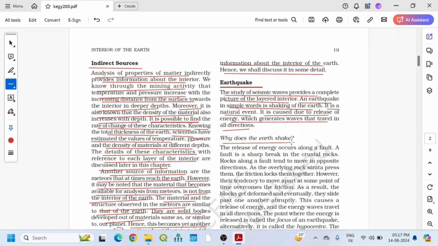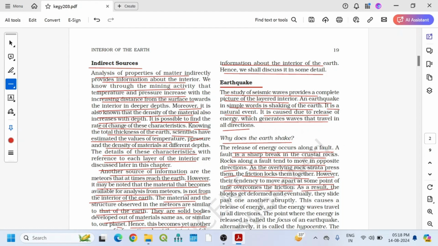Why does the earth shake? The release of energy occurs along a fault. A fault is a sharp break in the crustal rocks. Rocks along a fault tend to move in opposite directions. As the overlying rock strata press them, the friction locks them together. However, their tendency to move apart at some point of time overcomes the friction.